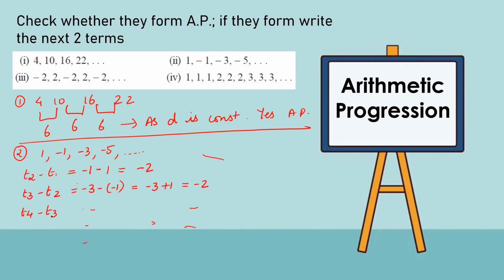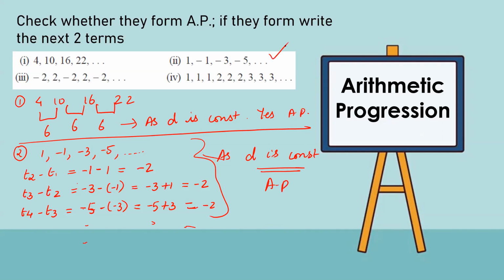T4 minus T3: minus 5 minus of minus 3, so that's going to be minus 5 plus 3, which is again equal to minus 2. So what are we doing here? We are checking the D. Again, as the common difference D is constant, yes, it is an AP. So this is also an AP.